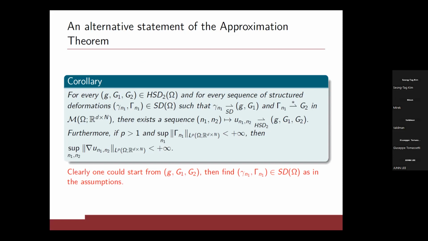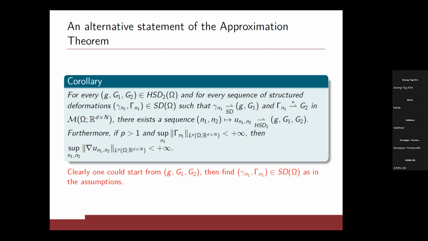On the other hand, your field G2 is a measure, or if you are in L^p, is an L^p field, or an L^1 field, whatever you want to focus on. And this can be achieved weakly by a sequence of fields, which are maybe, as it is here, L^p fields.